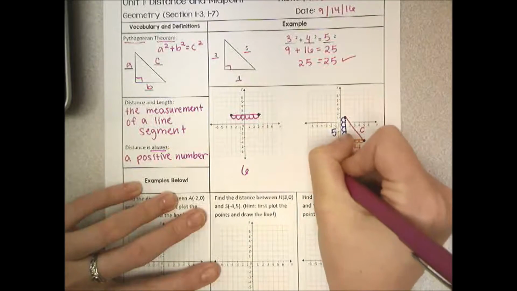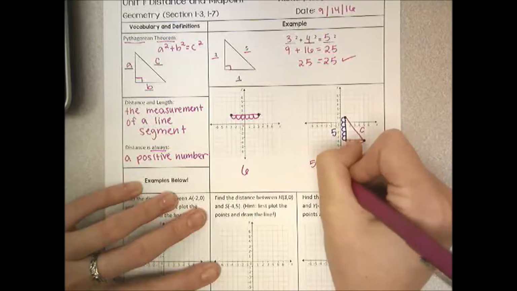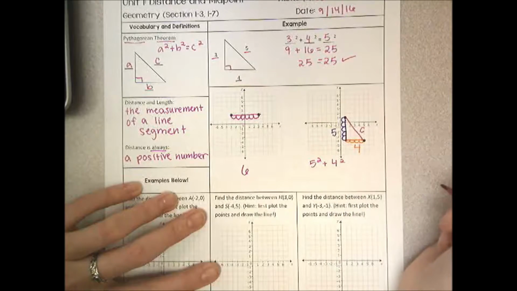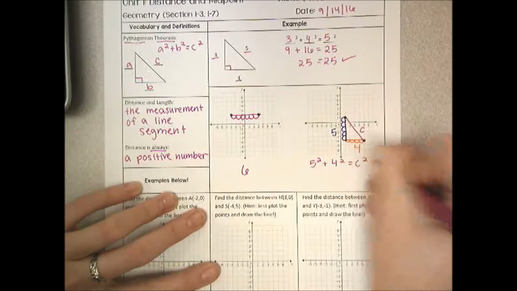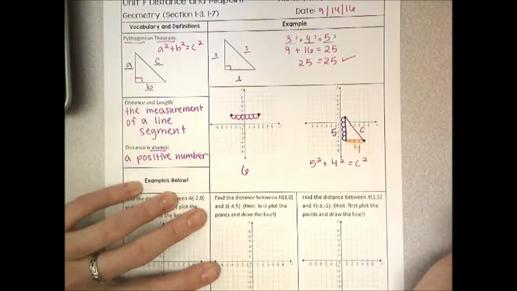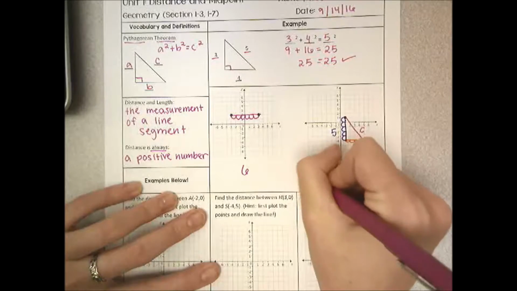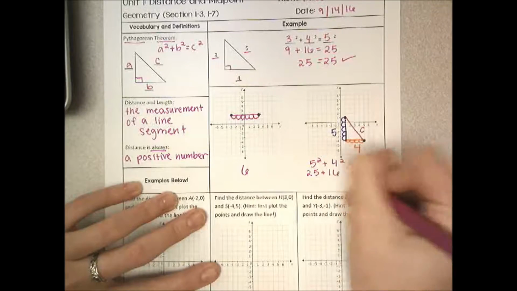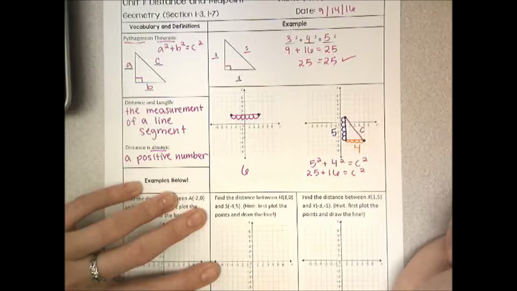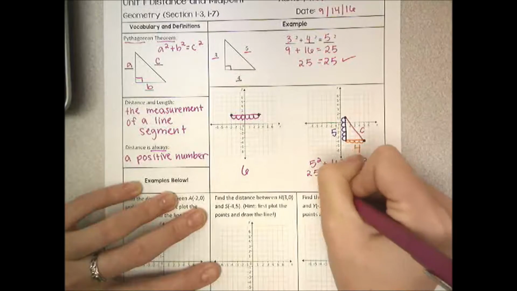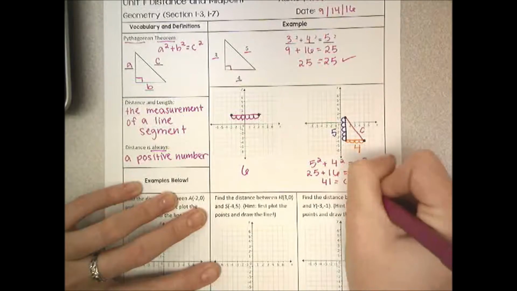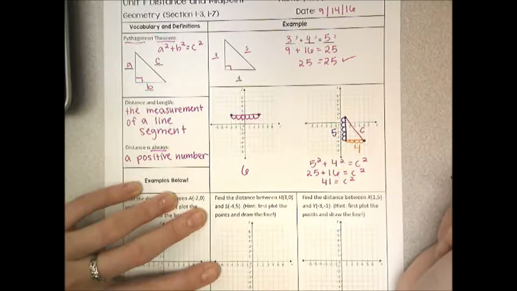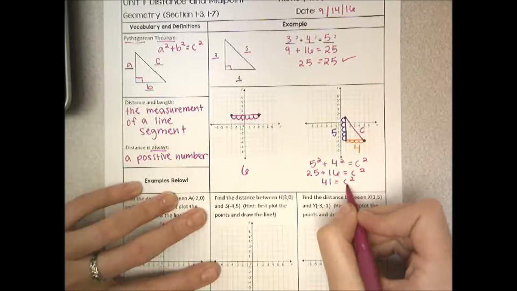So I'm going to plug in 5 squared for A plus 4 squared for B equals C squared. If I grab my calculator, I see that 5 squared gives me 25, plus 4 squared is 16, equals c squared. Now I add 25 and 16 to get 41 equals c squared. And then we talked about this last week.